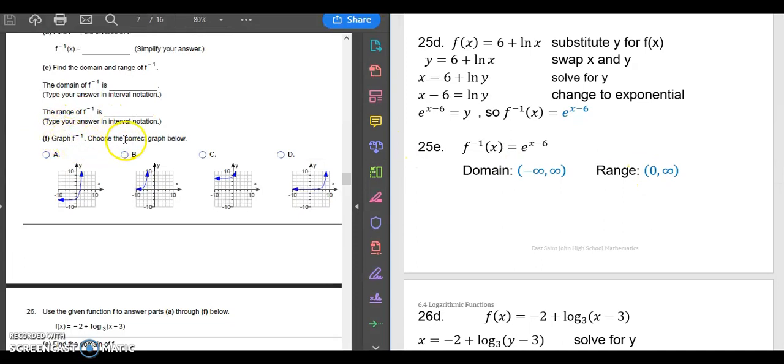Now looking for our graph based on all of this information, we're looking for an exponential function that is going to be shifted to the right 6 units. So it's not A, it's not B, it's not C. Looks like D is the one that's shifted over to the right, a significant number of spaces. So we're going to go with answer choice D for this one.